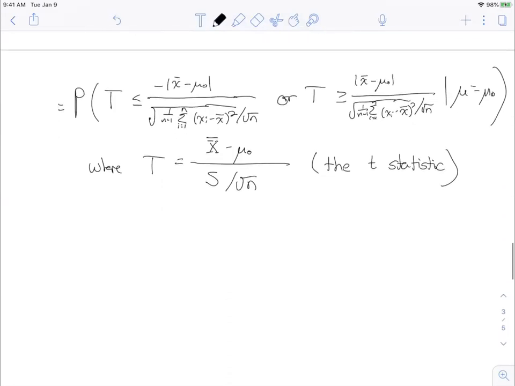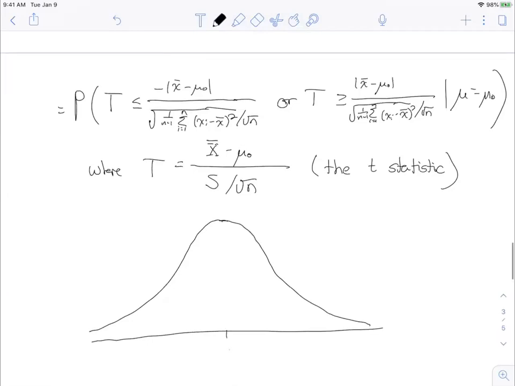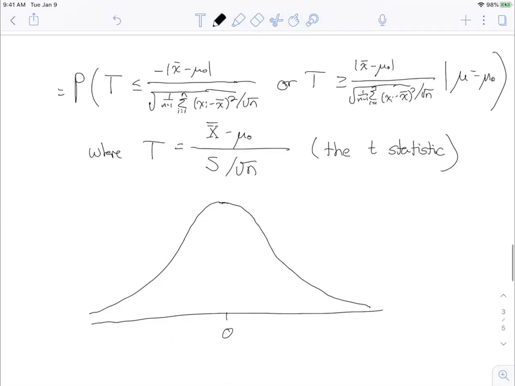So in picture form, we know that this random variable t follows a t distribution. And so here's the t distribution, and it's centered at 0. On the left-hand tail, we've got the minus absolute value of x bar minus mu 0 over the square root of 1 over n minus 1 sum of (xi minus x bar) squared, over the square root of n.